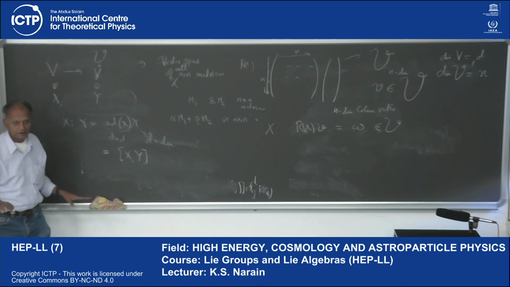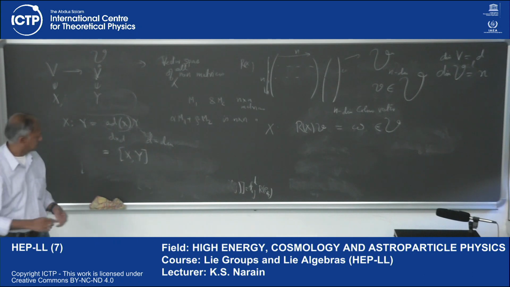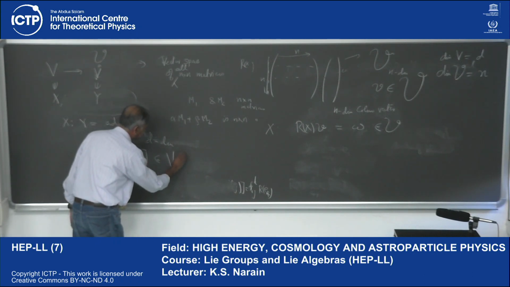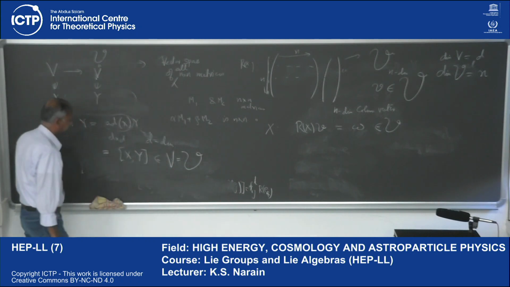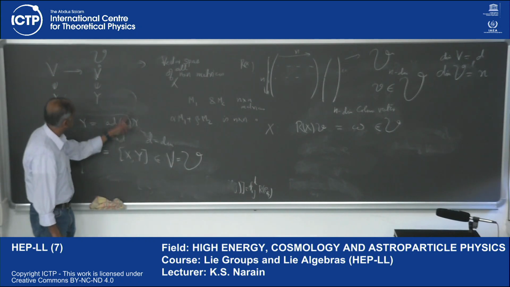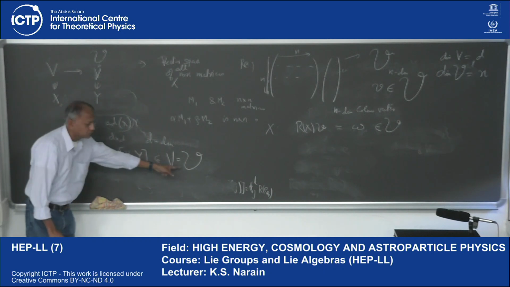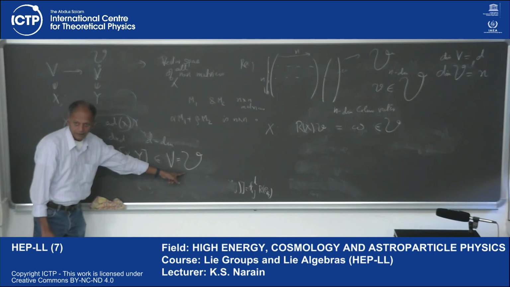Is there any question on this point? This certainly belongs to the Lie algebra V, which in our case is curly V. Okay? So you took an element in curly V, and after this action of x, again you get an element which is in curly V. Okay?